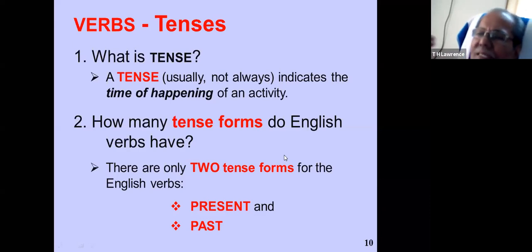When you take Telugu, Kannada, Malayalam, Tamil or Hindi, you can take a verb and find three forms: present, past, and future. But when you take an English verb, you will find only two forms.